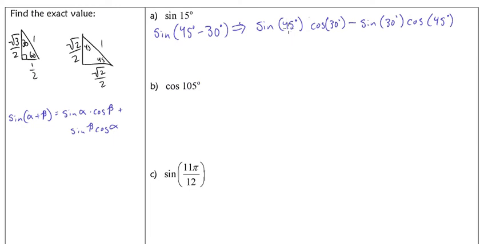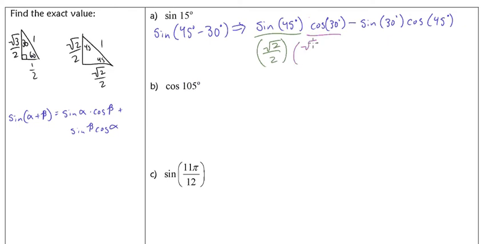Sine of 45 degrees, that's our y value. So sine of 45 is square root of 2 over 2. So that times cosine of 30 degrees, which is going to be square root of 3 over 2.